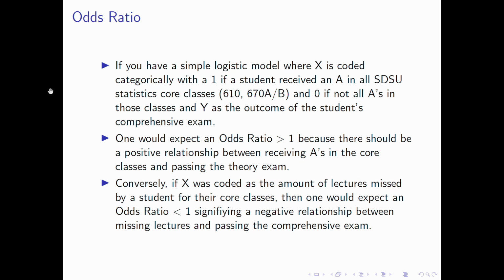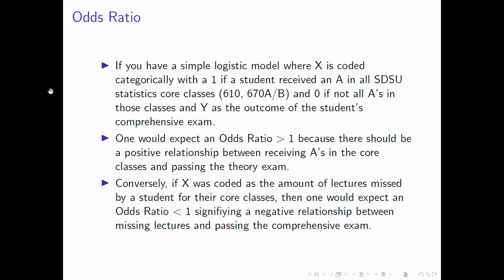If you have a simple logistic model where x is coded categorically with a 1 if a student received an A in all SDSU statistics core classes, being 610 and 670 A and B, and a 0 if not all A's in those classes, and the y as the outcome of the student's comprehensive exam, one would expect an odds ratio greater than 1 because there should be a positive relationship between receiving A's in the core classes and passing the exam.